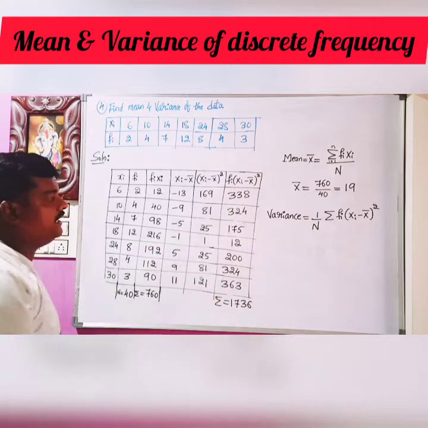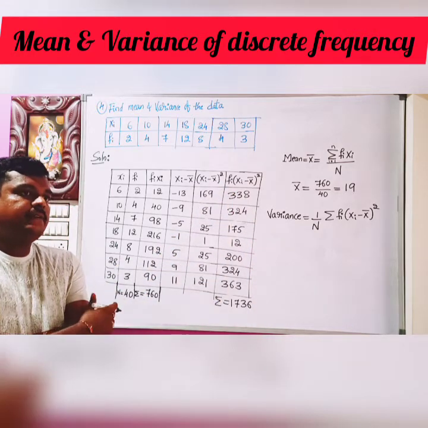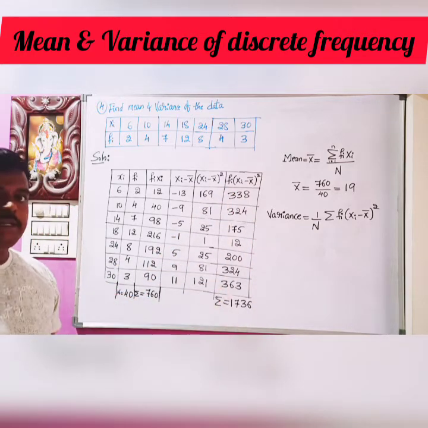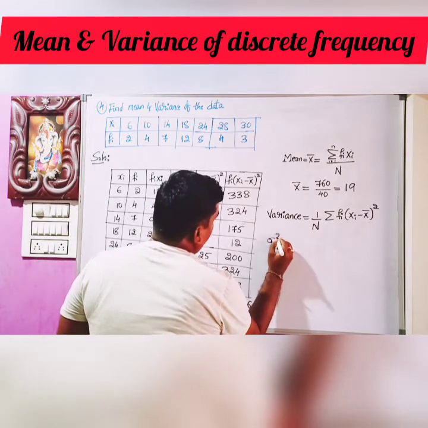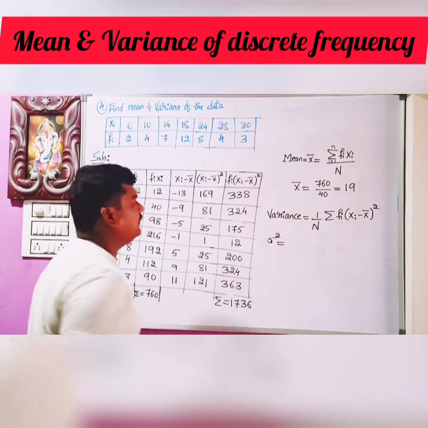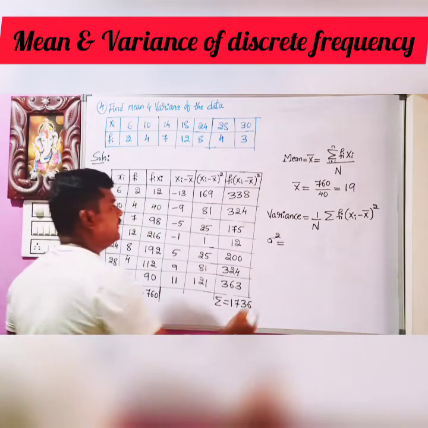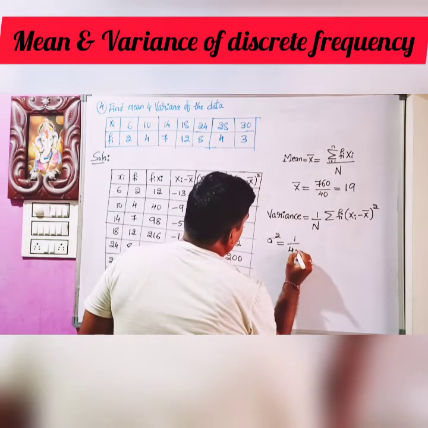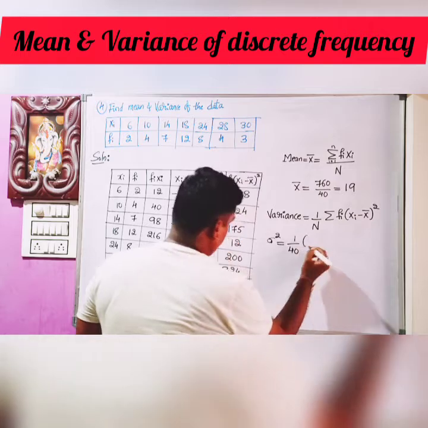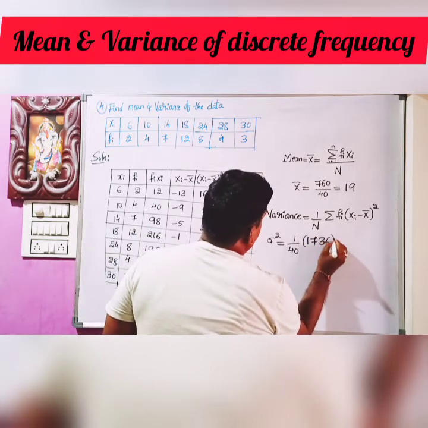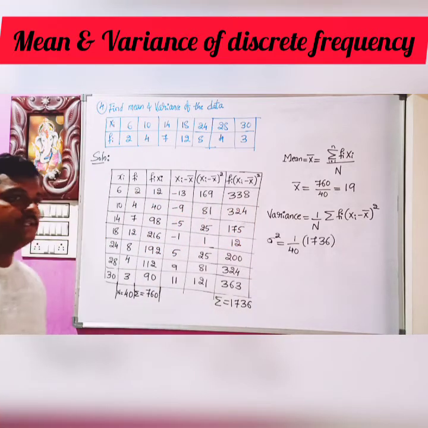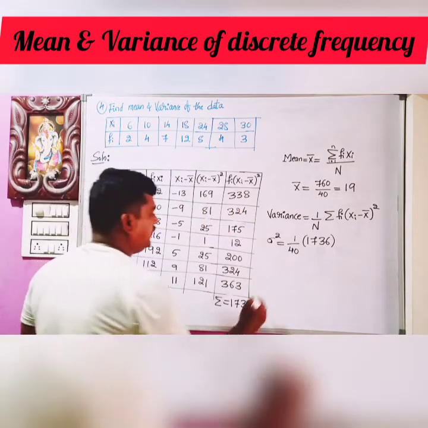If you add these values, which gives 1736. Variance is denoted by sigma square, 1 by n. N is 40, so 1 by 40. The sum we have obtained is 1736, so 1736 divided by 40.